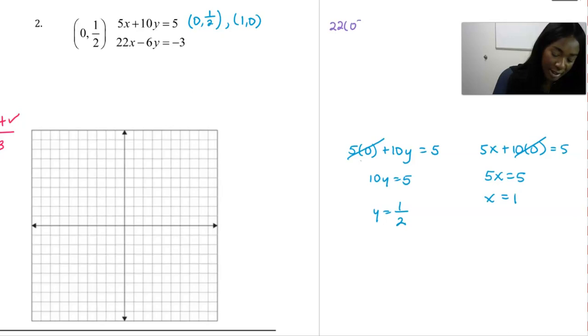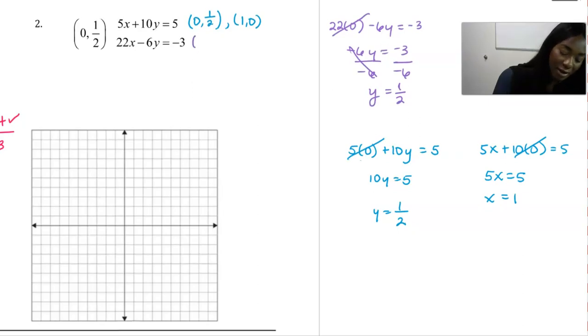So I'm going to first set x equal to 0. So this one's completely gone. I'll come in and I will divide both sides of this equation by -6. So I see that y is equal to a positive 1/2. So the second line has a y-intercept of (0, 1/2).